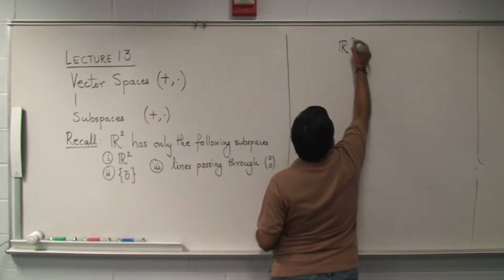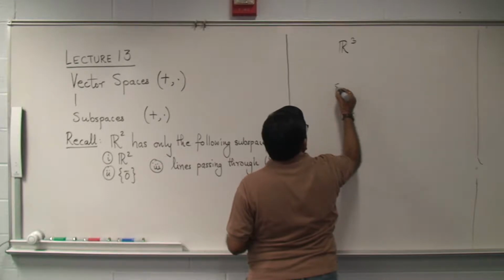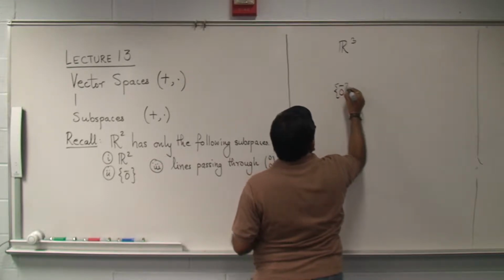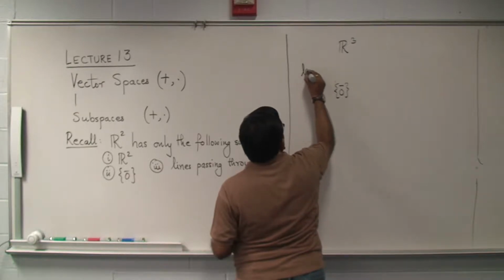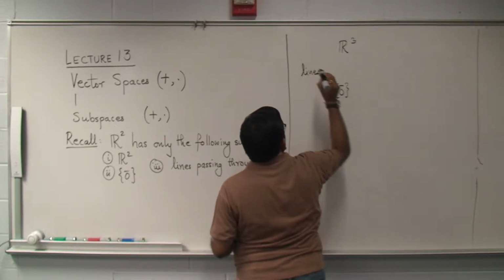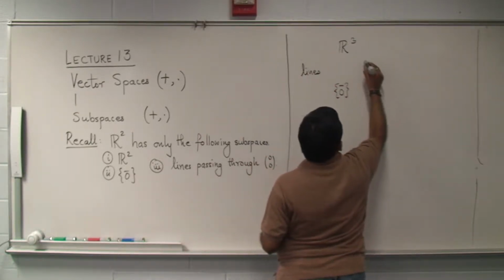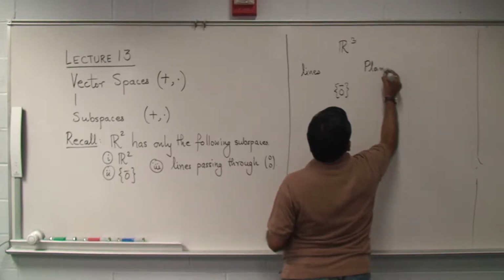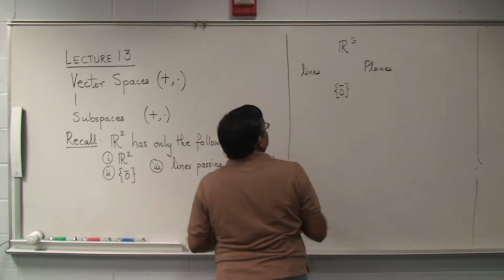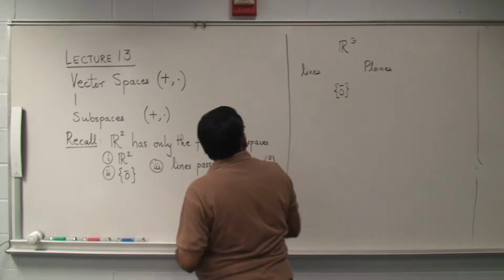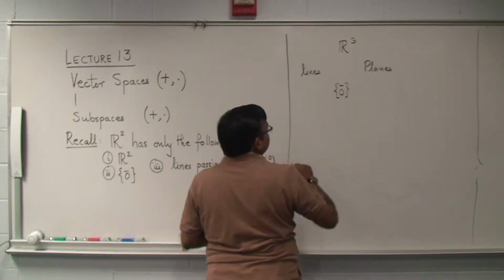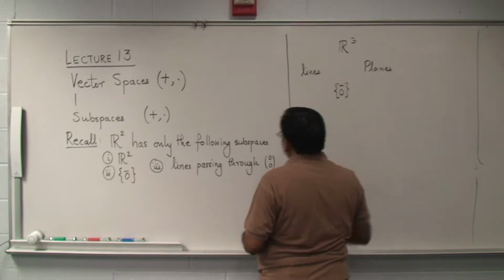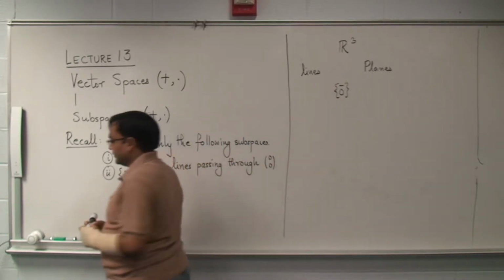In R3, definitely you have R3 as a subspace, the zero as a subspace. Then you have lines passing through the origin and planes passing through the origin as subspaces. So these are the four types of subspaces of R3.